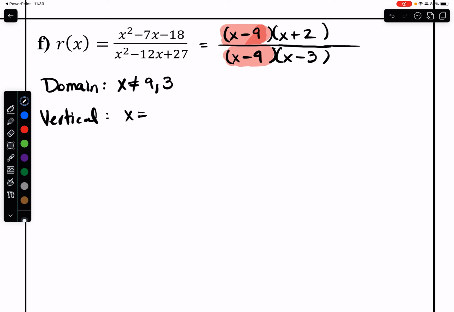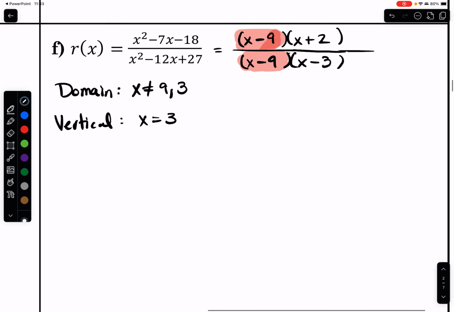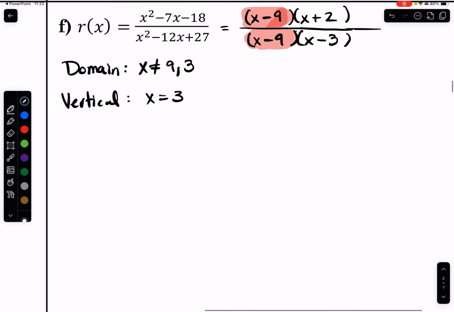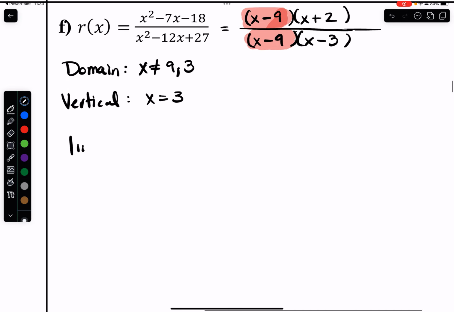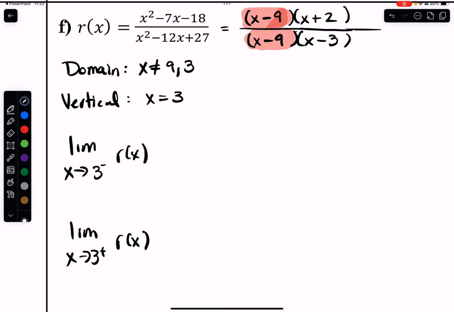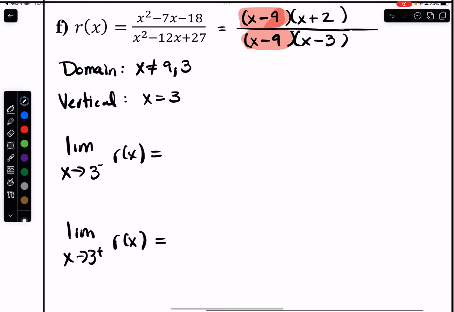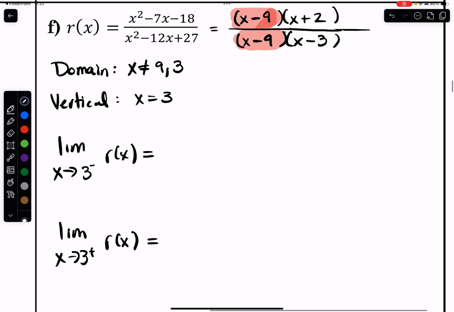The only vertical asymptote we have is at x equals 3. So that's the coordinate of our vertical asymptote. Now let's describe the behavior as x approaches positive 3 from the left, and as x approaches 3 from the right. So what direction is the graph pointing towards? So let's see.